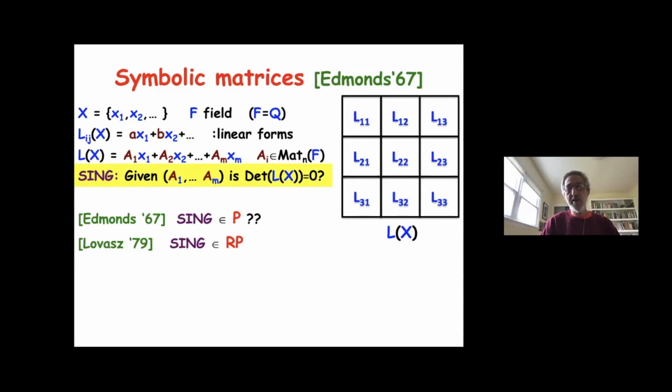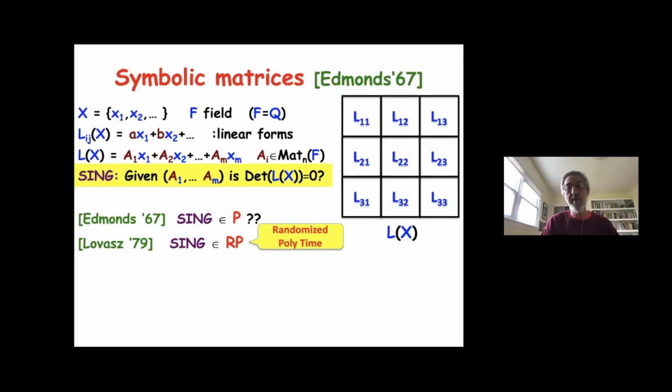One observation that was made once randomized algorithms started to appear in the 70s was by Lovász that this problem has a very simple probabilistic algorithm, which is efficient. The way it works is the obvious way. You just plug random numbers into the variables, and then you get a numeric determinant, and you just evaluate.